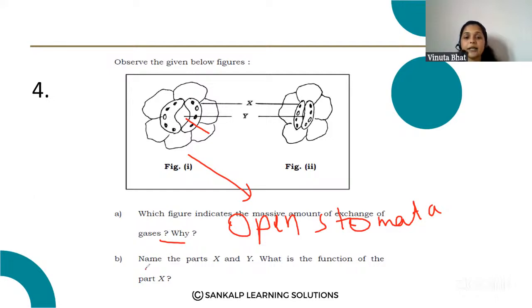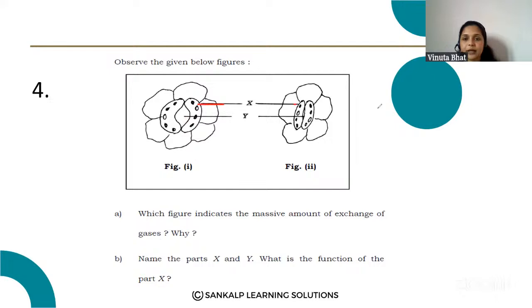Question B, name the parts X and Y. What is the function of part X? X is the guard cells, and Y is the stomatal pore.